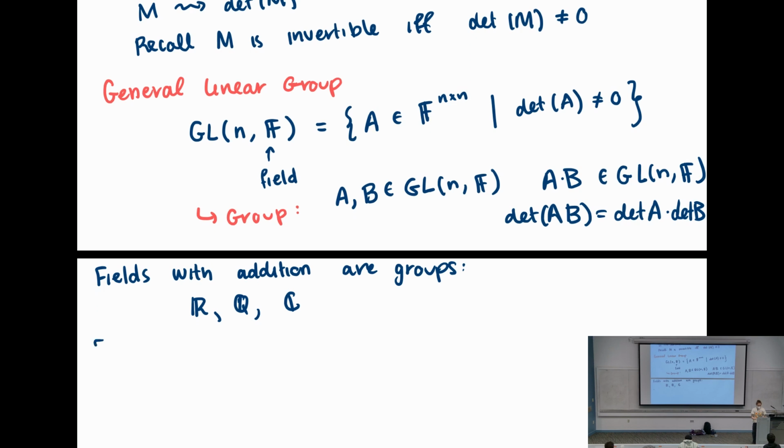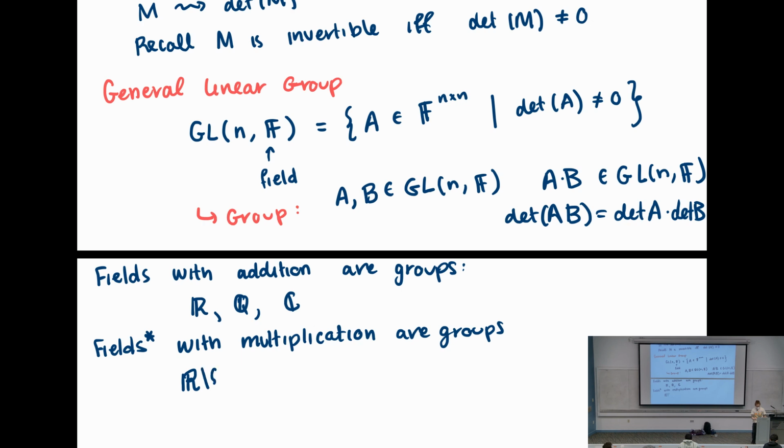And fields to the star, so taking out 0, with multiplication are groups. So these would be like R star, C star, and so on.